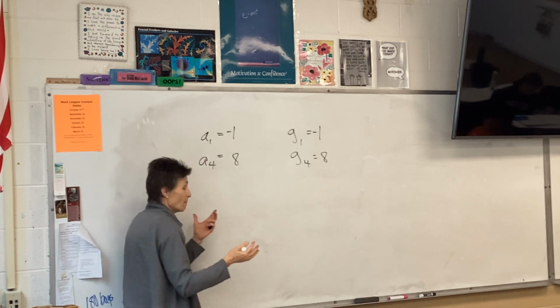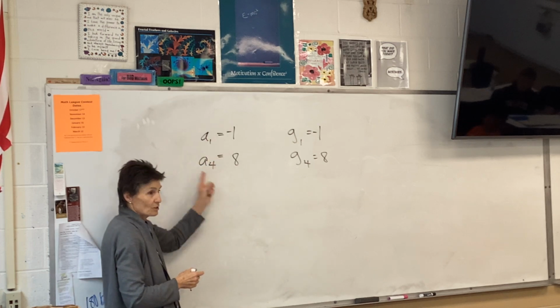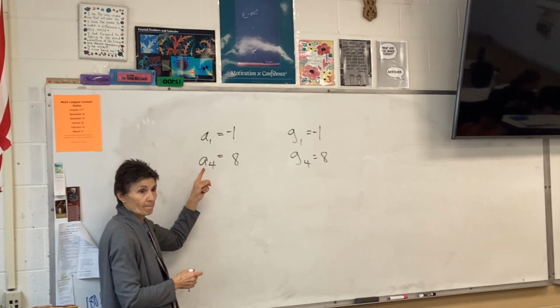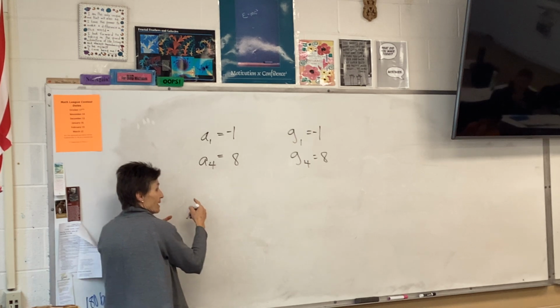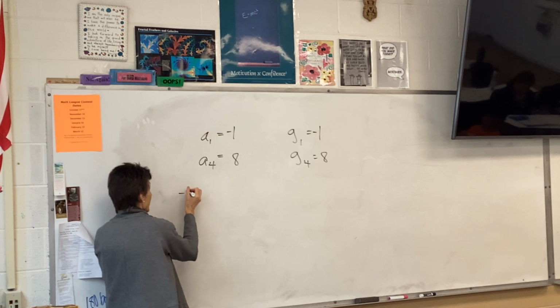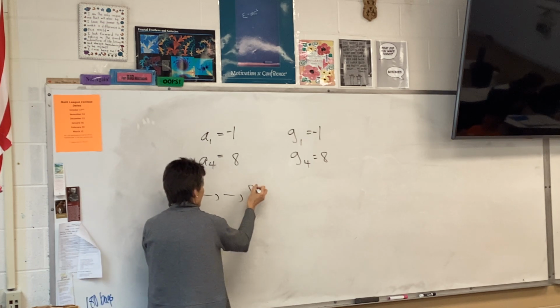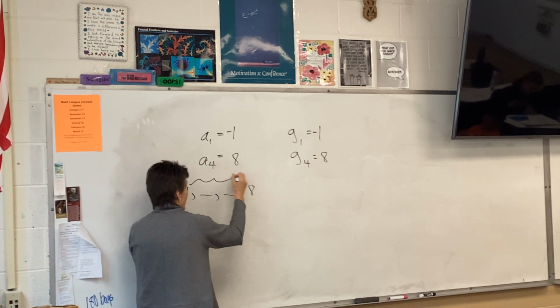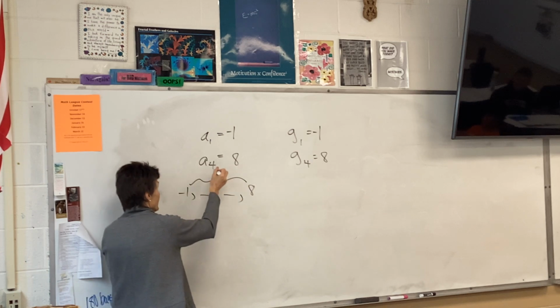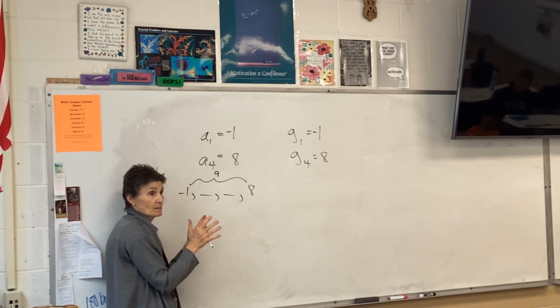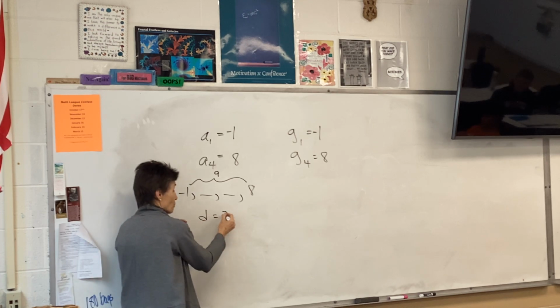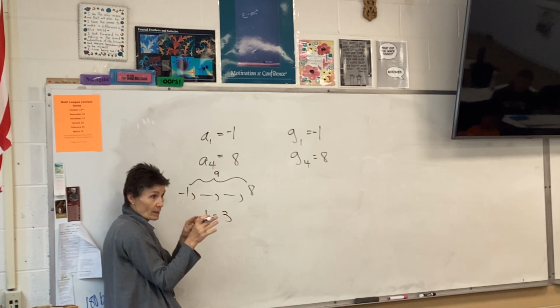Somebody tell me, what was your thought process here? What did you do first? A for arithmetic. So yeah, this was the arithmetic set. So did you say, okay, I got -1, blank, blank, 8. So I have to travel a distance of 9 in 3 equal steps. So your difference was 3? Are we all on board?